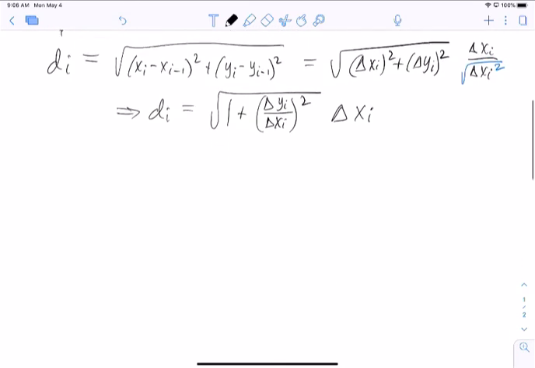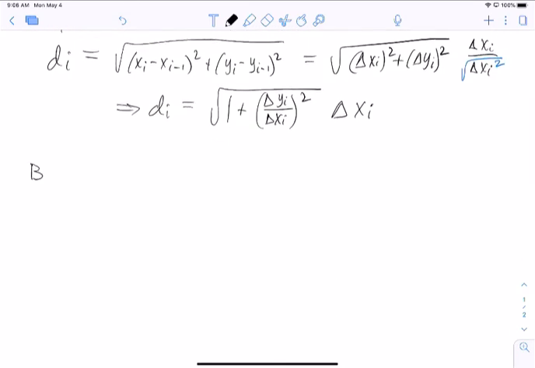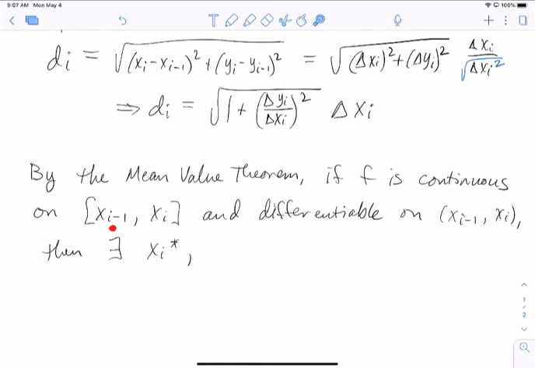This is starting to look like something that we can put into an integral, but first we're going to reference the mean value theorem. By the mean value theorem, if f is continuous on a closed interval from x sub i minus 1 to x sub i, and differentiable on the open interval from x sub i minus 1 to x sub i, then there exists an x sub i star such that x sub i star is between x sub i minus 1 and x sub i, so something inside of that i subinterval, such that f prime of x sub i star is equal to delta y sub i divided by delta x sub i.